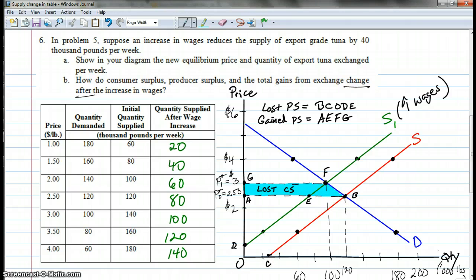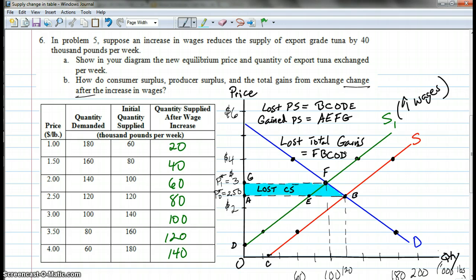Now the wedge is from that same point down to F and then down to D. So the loss, of course, is F, B, C, O, D. Lost total gains equal F, B, C, O, D.